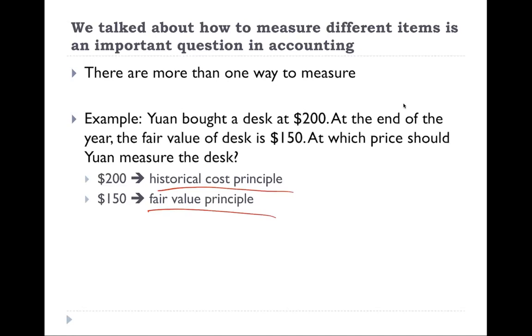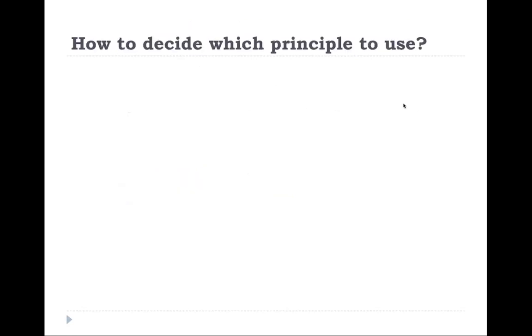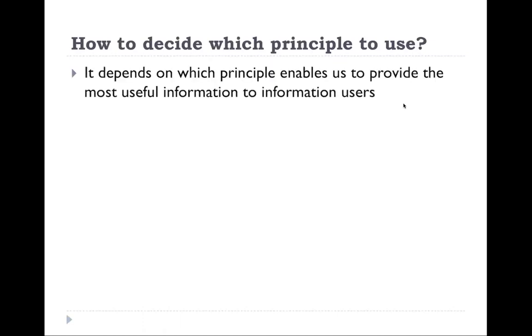So I basically have two ways that I can use to measure it. And then how do I decide which principle to use? How do I decide whether to measure it at $200 or $150? That's another question for accountants. The principle here is that it depends on which principle enables us to provide the most useful information to information users.